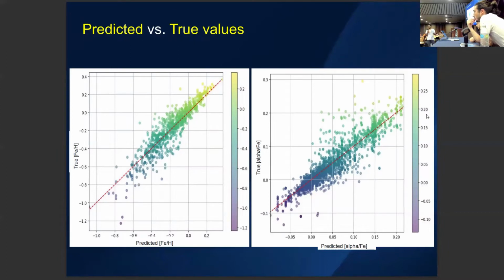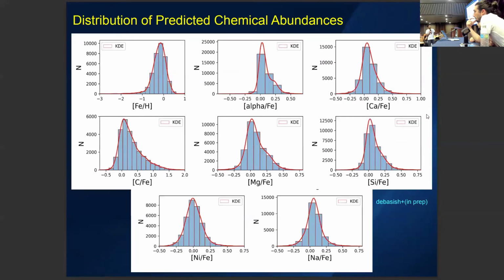And as Felipe has mentioned, for the lower metallicities, yes, the errors are larger. So this is the distribution of the predicted chemical abundances.